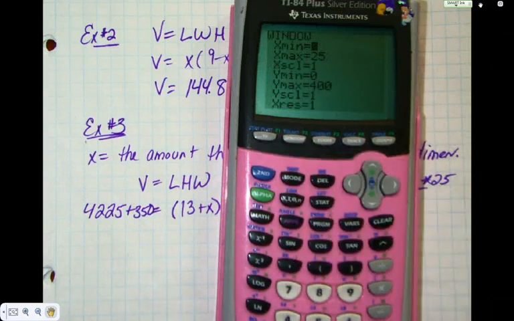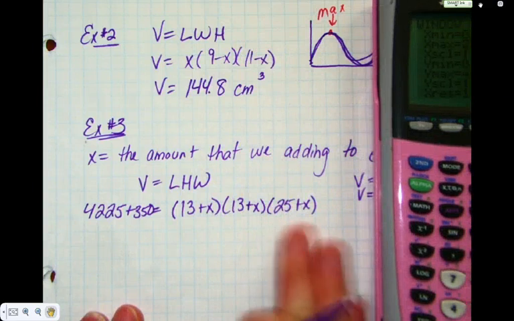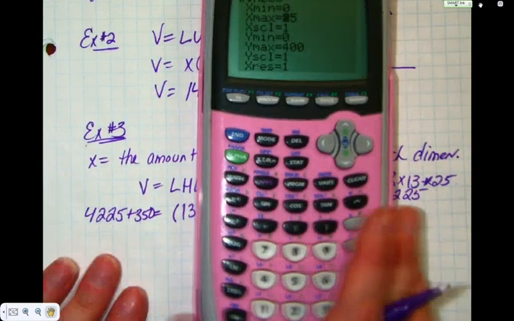Okay, let's go right to window and talk about the values. So x, don't forget, is our dimensions. Y is the volume. So what's the minimum dimension I can have? Smallest dimension possible. Has to be 0, can't have a negative dimension. What's the highest possible? Well, I know it's at least 25 plus something, so give me an appropriate value. 100.